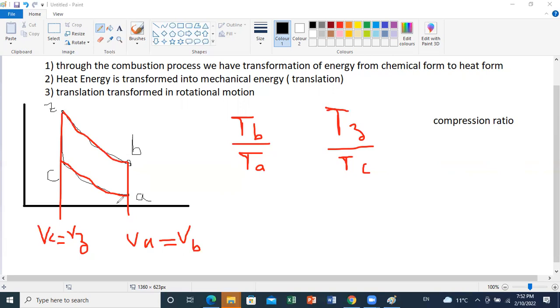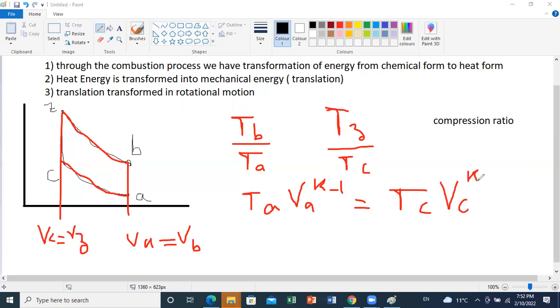So from adiabatic relations, what do you have? Between A and C, we have seen that for an adiabatic process, TV^(K-1) is equal to a constant. So I can write that TA times VA to the power K minus 1 is equal to TC times VC to the power K minus 1.